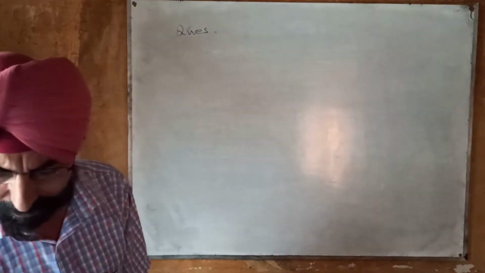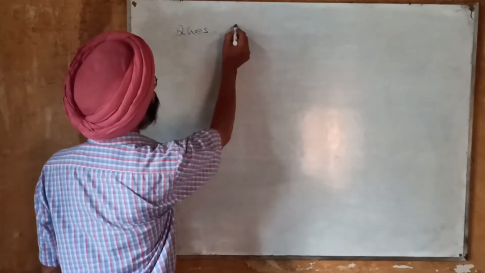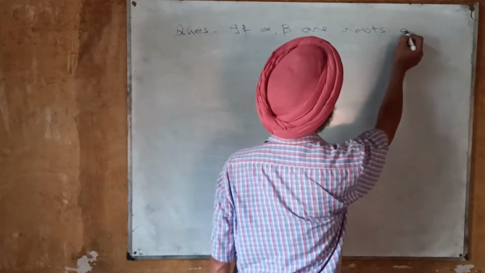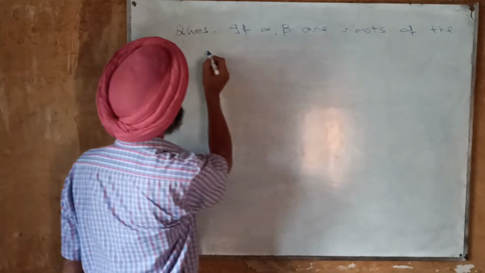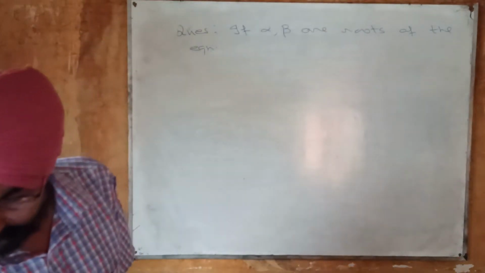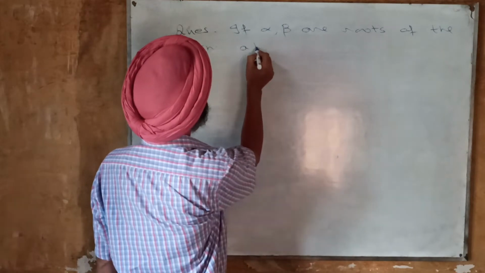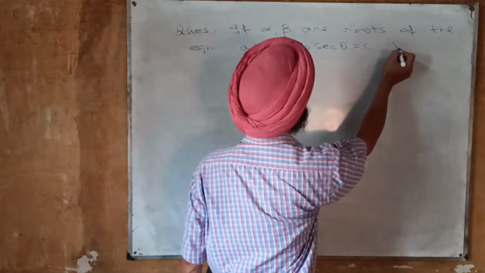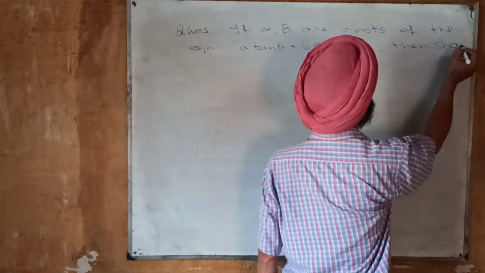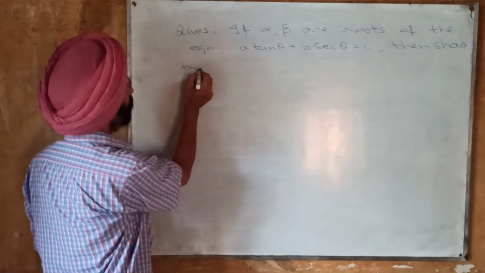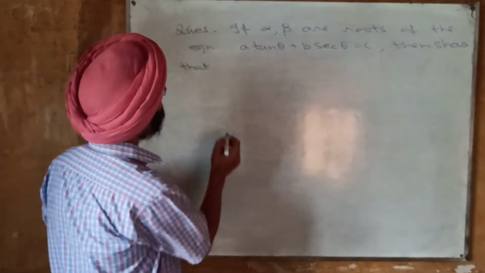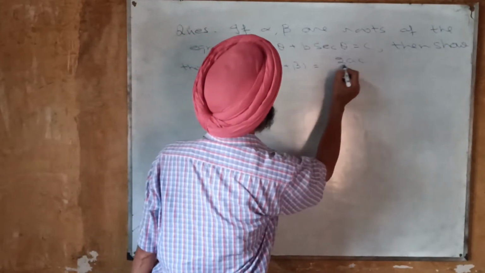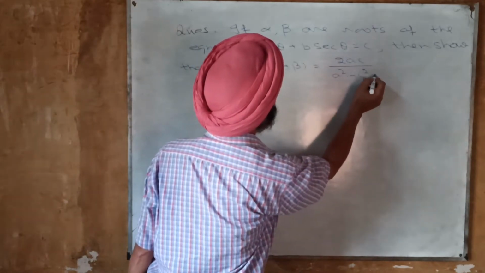Another question I am taking here: if alpha and beta are roots of the equation a tan theta plus b secant theta is equal to c, then show that tan of alpha plus beta is equal to 2ac upon a square minus c square.